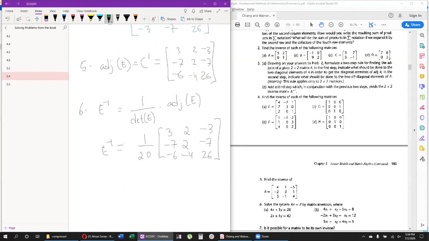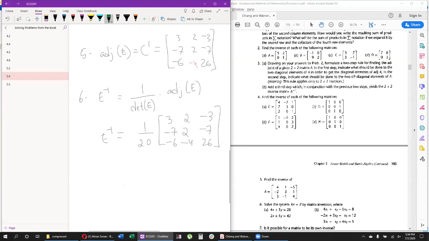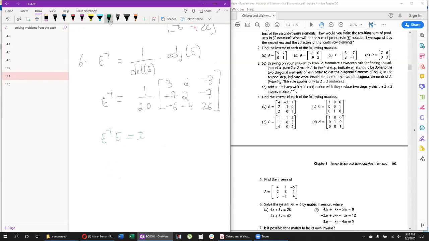But now, let us try and verify that we do have the correct answer. If we multiply E inverse with E, we should get an identity matrix. So whenever we're inverting a matrix, we have the ability to verify that our calculation is actually correct. You don't have to do it in exams, but for now, let's do it.